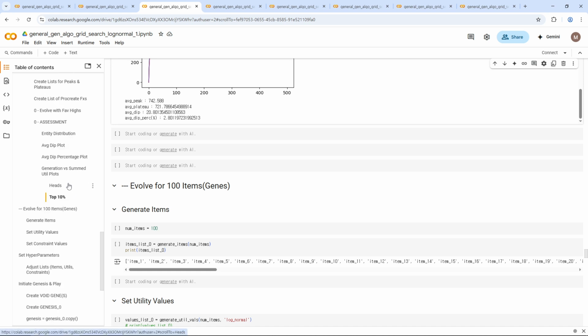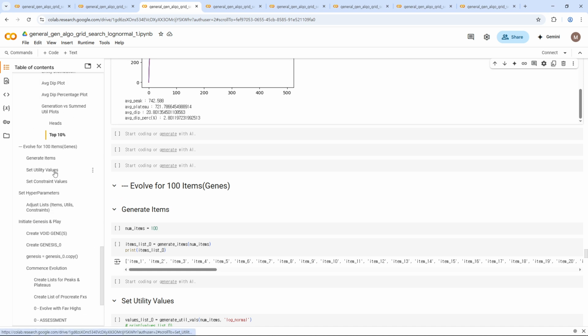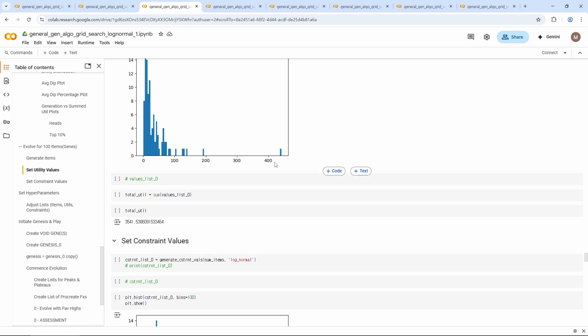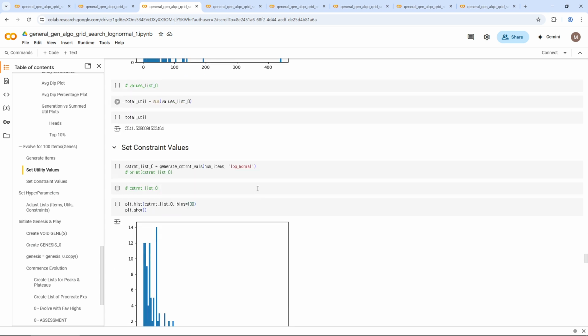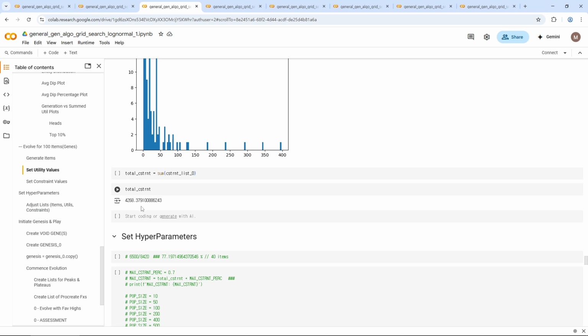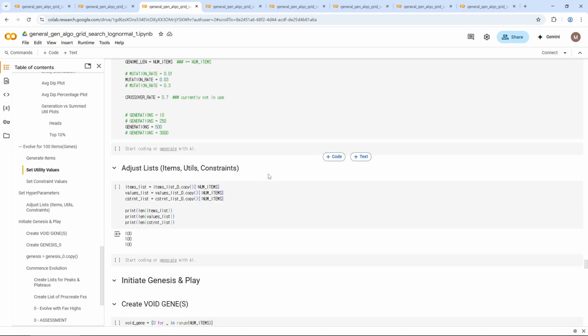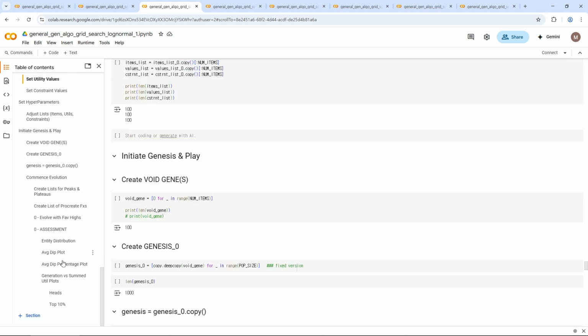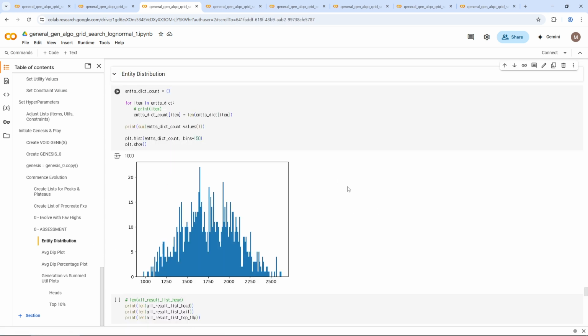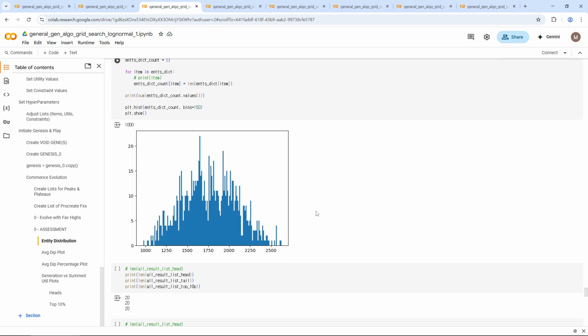So now, let's have a look at 100 items. So, generate the 100 items, and the total sum of utility is 3541. Total sum of constraints is 4268. And voila. Entity distribution, still a normal distribution.